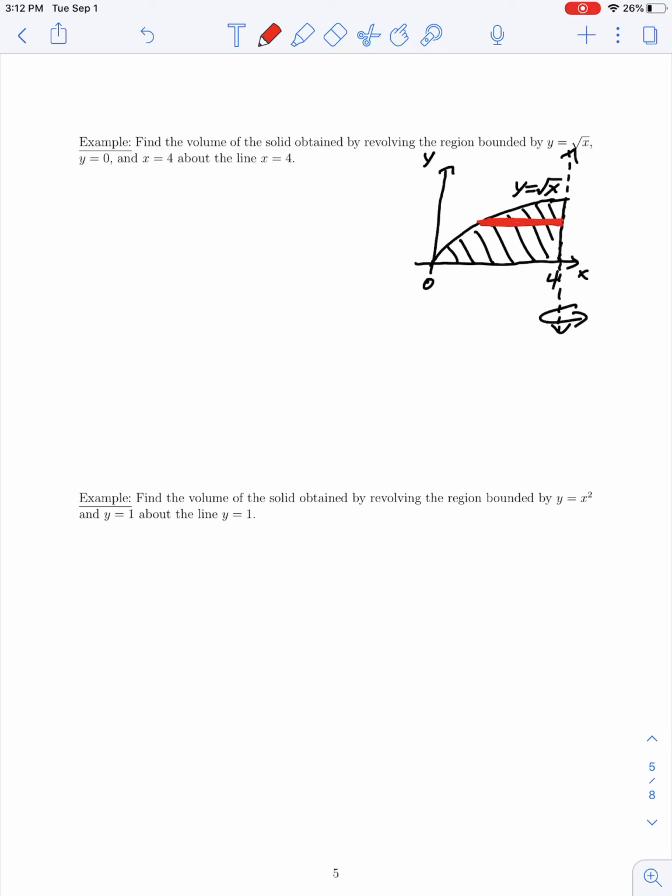So since I had a vertical axis, I would take a horizontal slice at a height of y units above the x-axis and of a thin width dy. So I can see, of course, if I revolve that slice about the line x equals 4, I'm going to get a disk of a thin thickness dy.